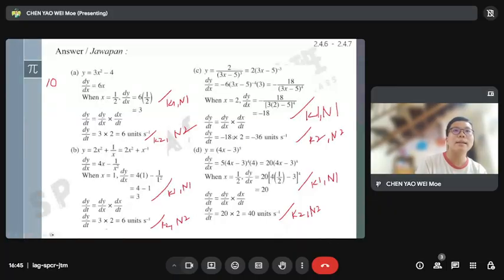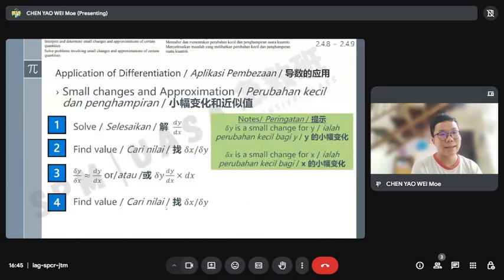But there is another thing. This is called small changes. This is the last part of the whole chapter. Just now we learned about limits and relations. The function has a limit when you are finding the answer. If you go for the limit, you become undefined.